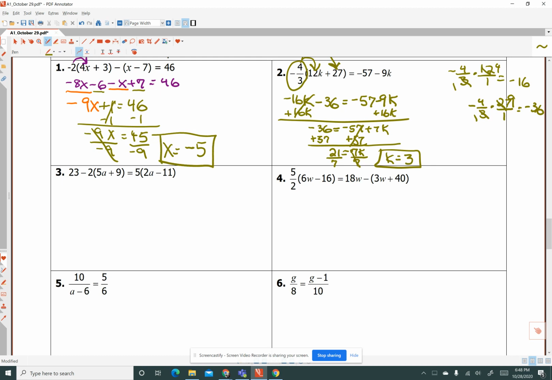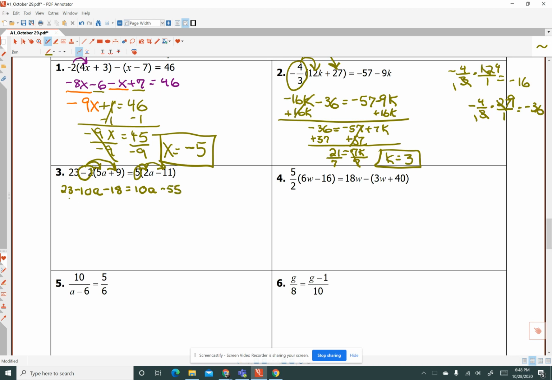Number 3, we're going to multiply this negative 2, distributing it through those parentheses. And then we'll do the same with the 5. That's our first step. So we will have 23 minus 10a minus 18 equals 10a minus 55.